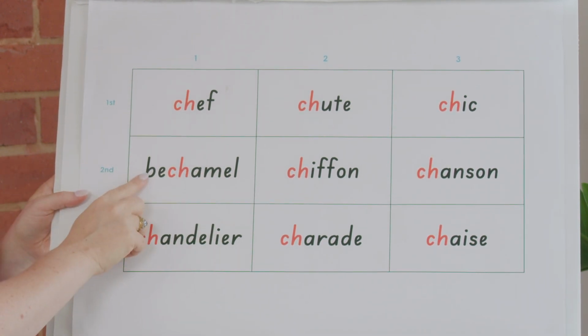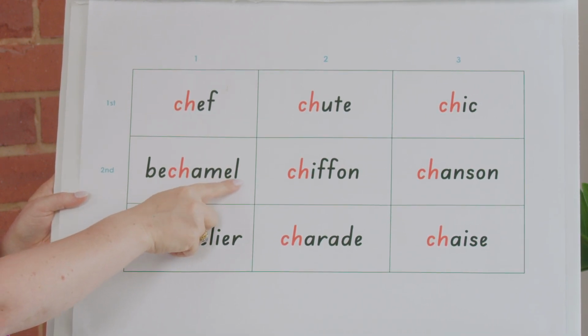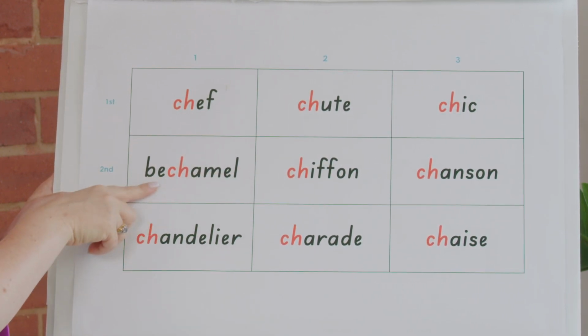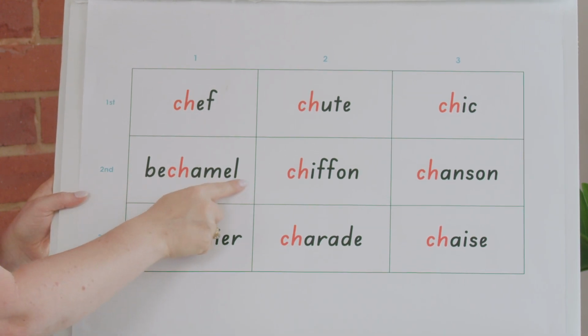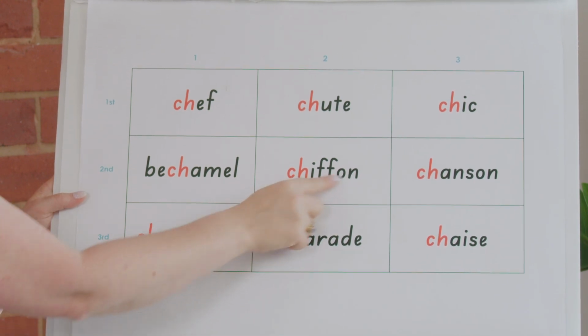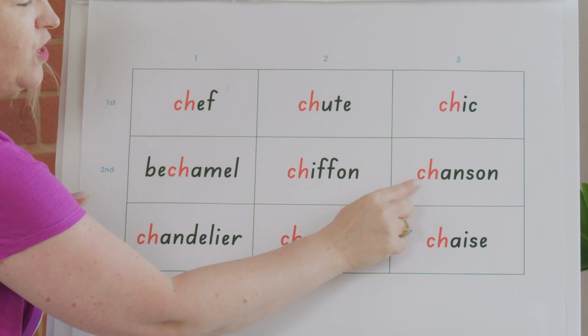This one, B, E, short E sound, B, E, sh, there's a schwa in there, Bechamel. Maybe we'll say it that way. We'll put our spelling voices on to make sure we can spell it right. Bechamel. Chiffon. Chanson.